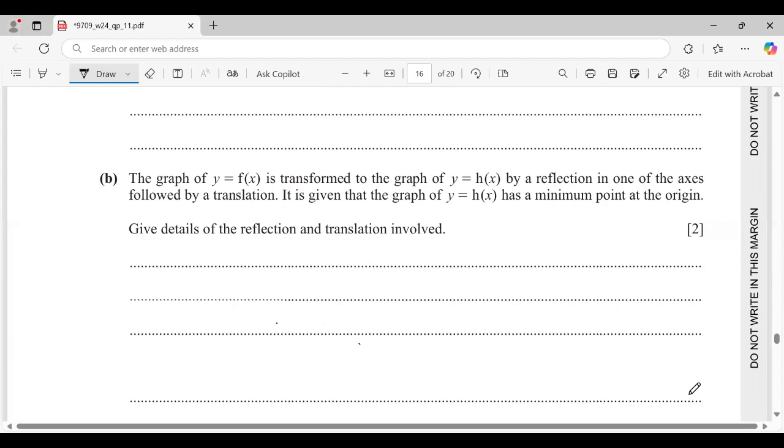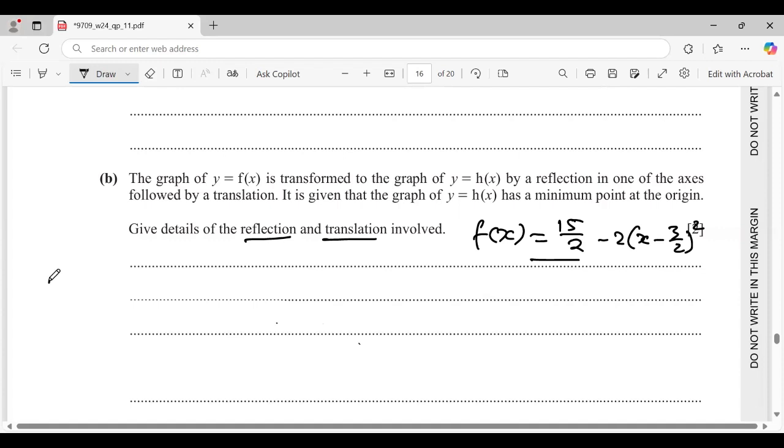Give details of the reflection and translation in full. Based on the information, f(x) is 15 half minus 2(x minus 3 half) squared.